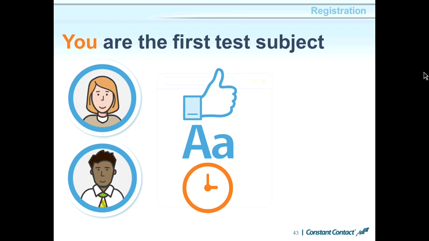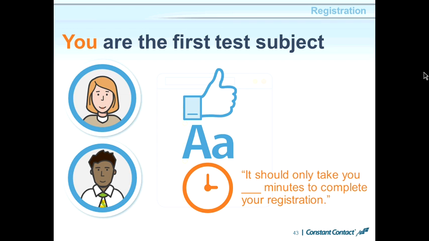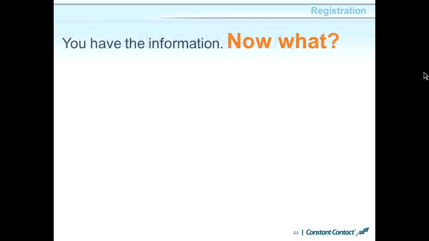And you can then assess if the time it takes is appropriate for the event and your audience. And once you have a good sense of the time it takes to fill out the form, you can even put a comment in the invite or at the start of the registration process that says something like, this should only take you 3 minutes to complete, or 15 minutes, or 30 minutes, or whatever.